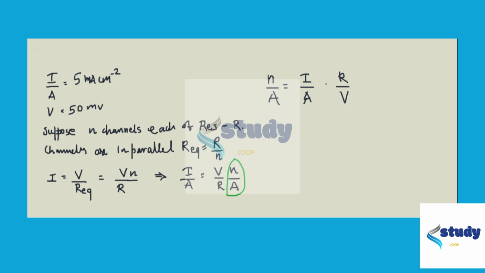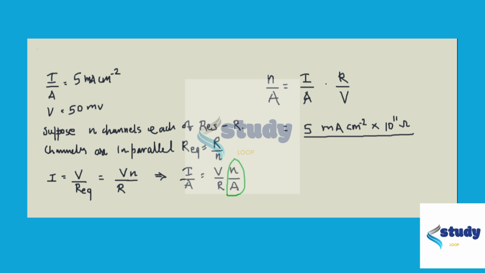Now you know the value of I by A, that is 5 milliampere per cm squared. Okay, I should write it because I need to cancel it from numerator and denominator. And what about R? It is not in this question, but in the previous question, the resistance is given as 10 to the power 11 ohms, right?